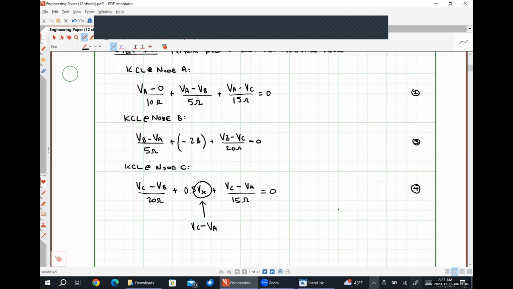Before I move on from here, does everybody understand where those coefficients are coming from? So VA is being multiplied by a factor of 1/10 because of this guy, 1/5 because of this guy, and 1/15 because of this guy, right? My coefficient for VB from my first equation is just going to be negative 1/5.